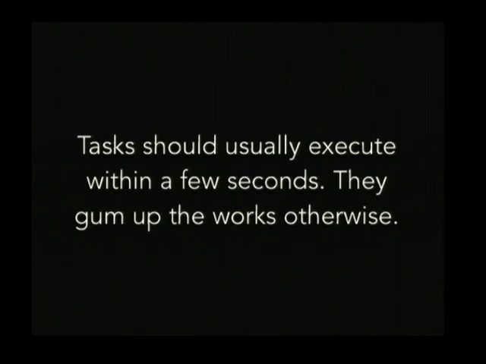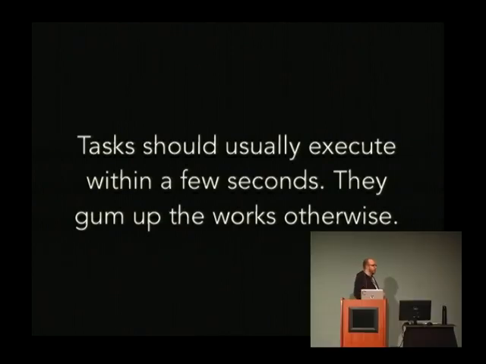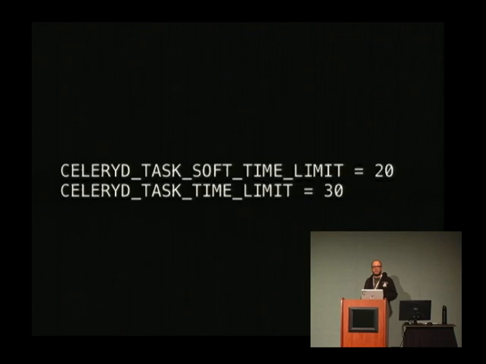Another point: tasks should usually execute within a few seconds. We found it's an anti-pattern if they last any longer. It takes forever to restart the brokers if there's a whole bunch of tasks that take a long time when you're trying to do continuous deployment. There's a whole laundry list of reasons why this is bad. So we use a soft time limit of 20 seconds.